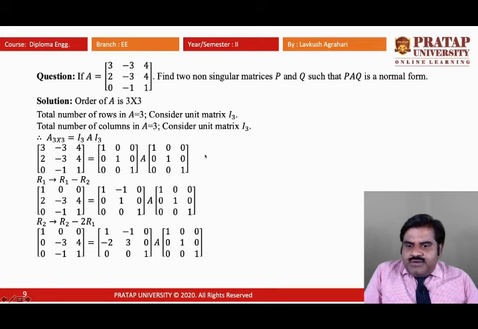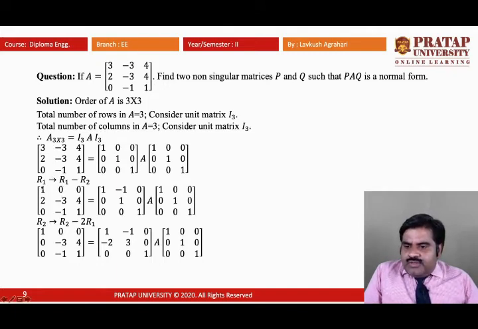Now we have to convert this matrix A on the left hand side into a normal form. The same operation will be performed on the right hand side. If there is a row operation, it will be reflected in the matrix written to the left of A, and if a column operation is performed, then the reflection goes to the matrix written on the right hand side of A.